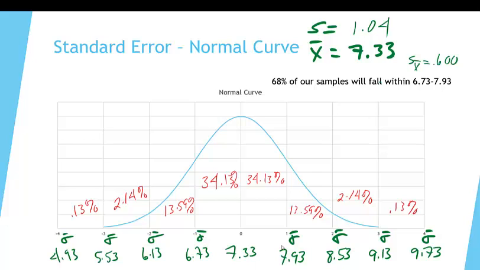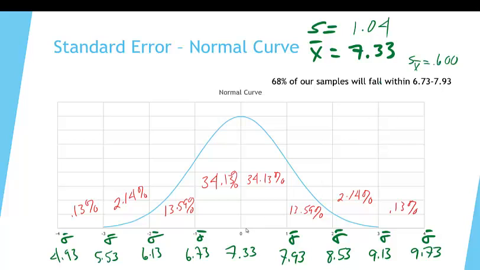On the other side we add 0.600, and then we add 0.600 to get 2 standard deviations. And the reason we keep saying normal curve is because 68% are going to fall within one standard deviation above or below, and then 96% will be within 2 standard deviations above and below, based upon what we said here.